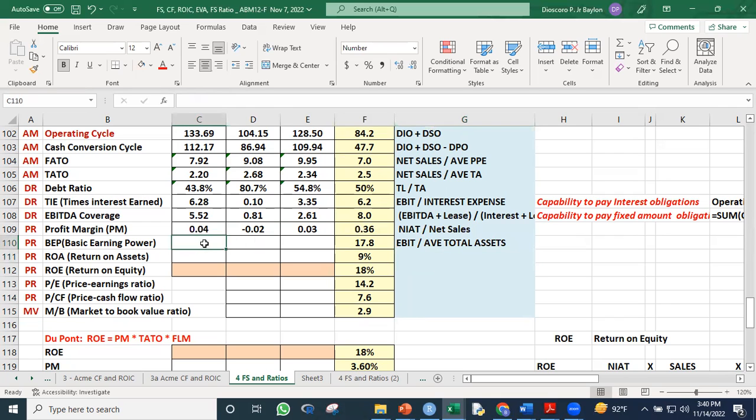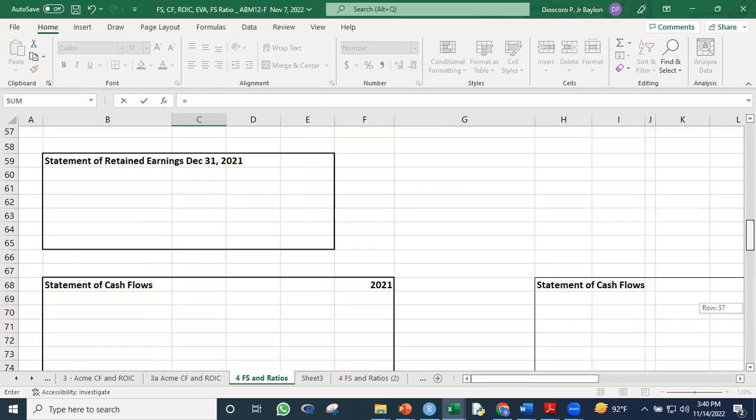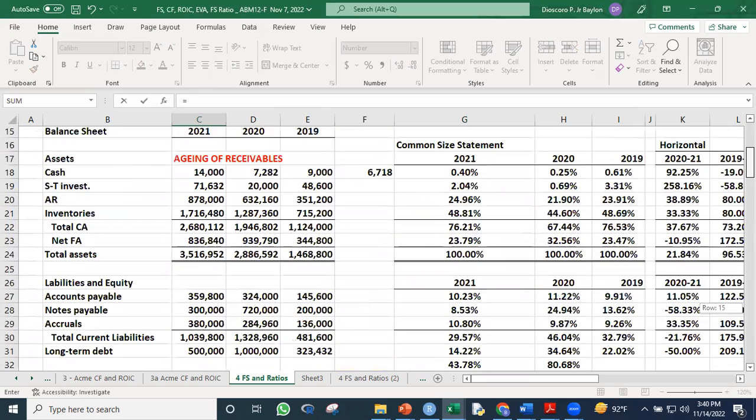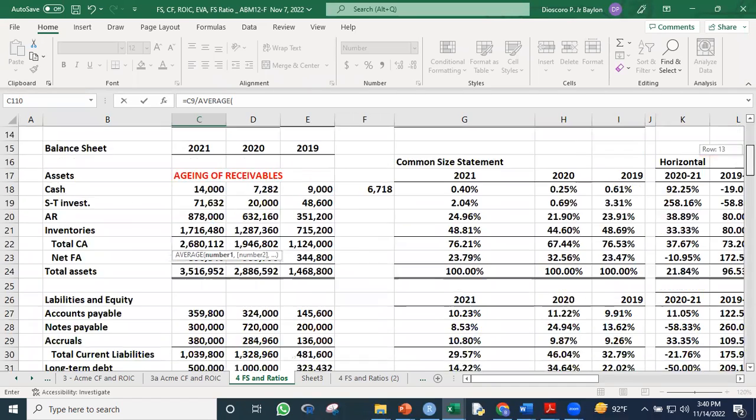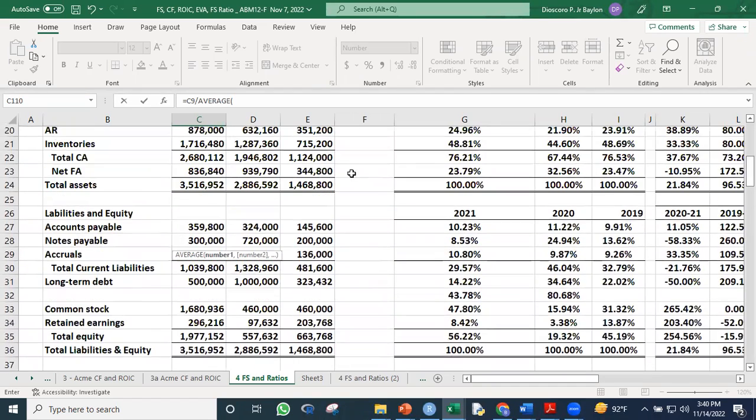Okay, so let's compute for this. We have the EBIT already. EBIT natin, nasa income statement natin. EBIT, okay? Divided by, we get the average of our total assets. That one.